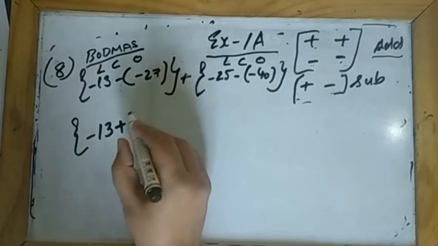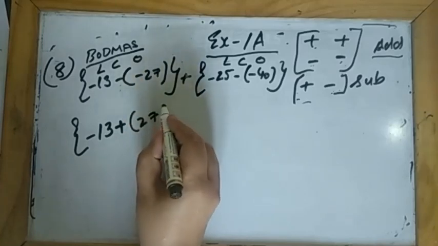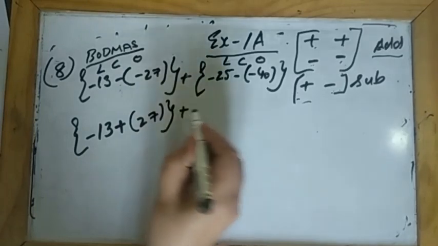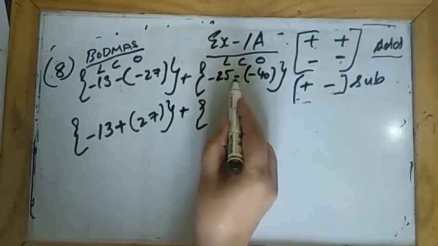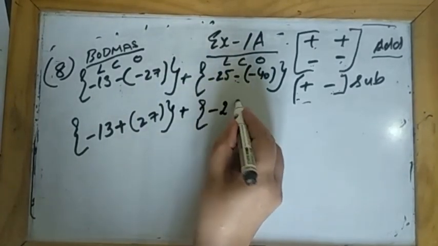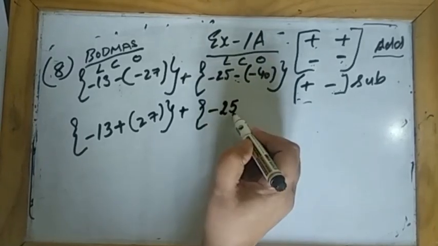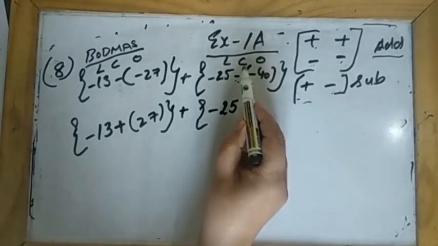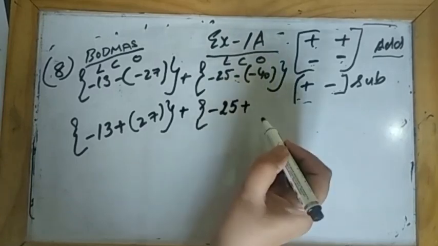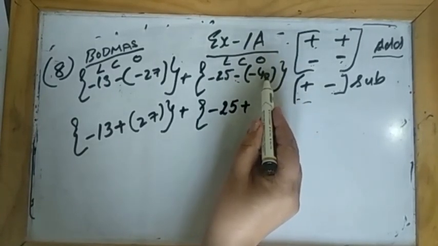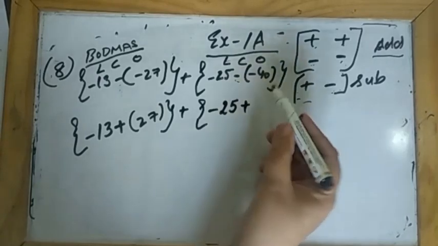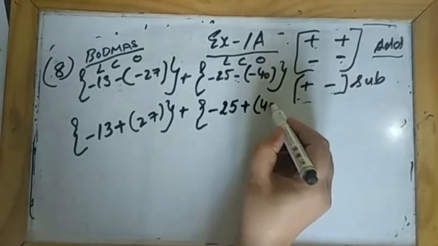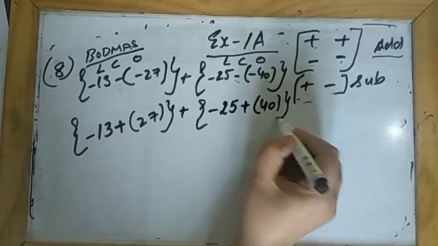This is minus 27, it will become positive 27. Again in the second one, it's a subtraction, so leave the first number as it is, change subtraction into addition, and write the opposite of the second integer, which is a negative number, and it will become a positive number.